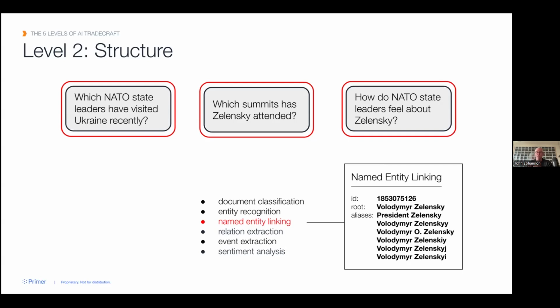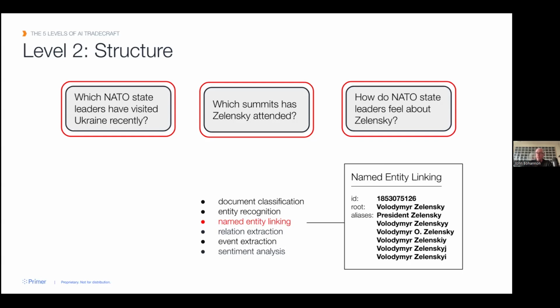You could be missing a ton of the data because they have aliases or different spelling versions of their name, or your data could be hopelessly muddied up with people who have the same name but are totally different people. So this bedevils intelligence analysis. And the solution to that is something called named entity linking, which is yet another thing that you can hook up at ingest time and gather as structure into a database as annotations or enrichments.